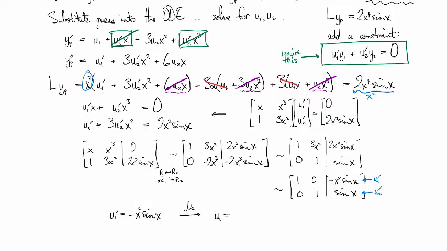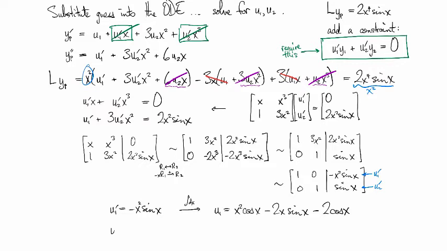So we end up with x squared cosine x minus 2x sine x minus 2 cosine x. And our u2 prime was the much simpler sine x. And so again, we integrate that and we find u2 looks like minus cosine x.